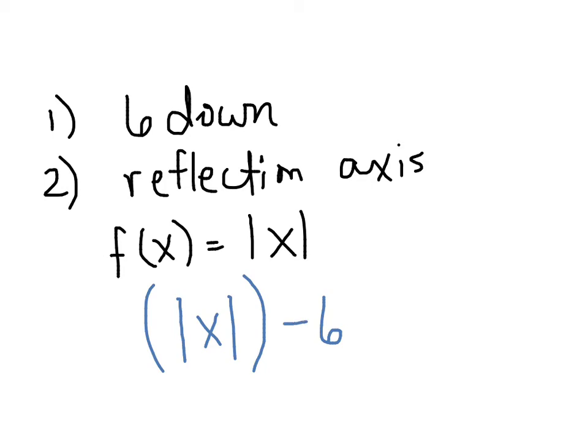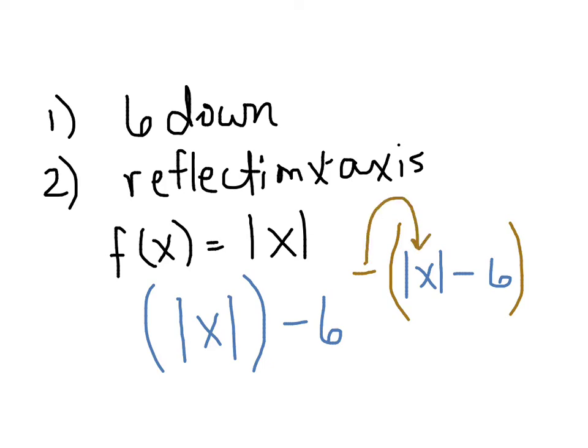And if I simplified it out right now, I'd have the absolute value of x minus 6. And then when you say a reflection over the x-axis, I'll put that one in brown. Now remember, x is again vertical, so we're going to put it again in parentheses and a negative on the outside. So when you do that, we distribute it into here, we distribute it into here, and I have a negative absolute value of x plus 6. And that would be my final answer.